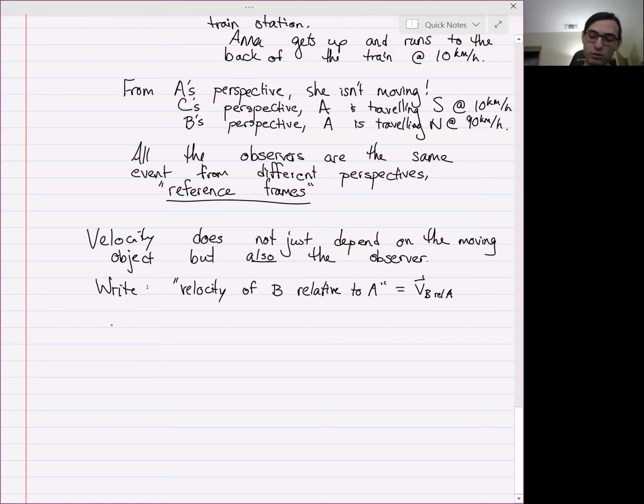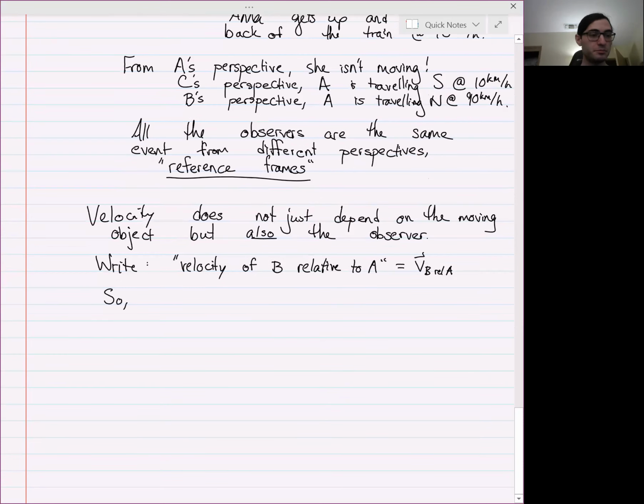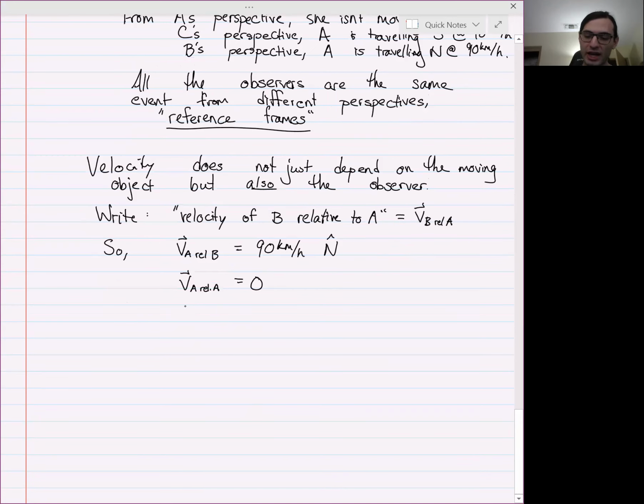So we have the velocity of A relative to B. This is 90 kilometers per hour in the north direction, n hat. The velocity of A relative to herself, well, that's just 0, right? The velocity of A relative to C, so from Charlie's perspective, is 10 kilometers per hour south.